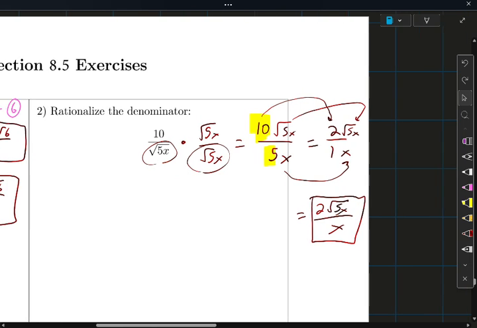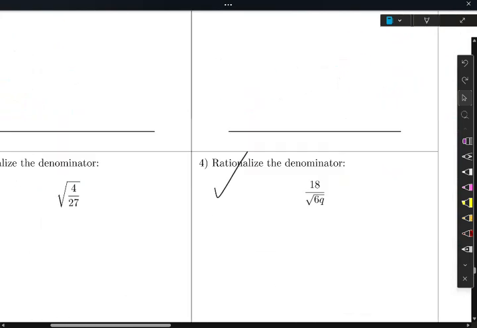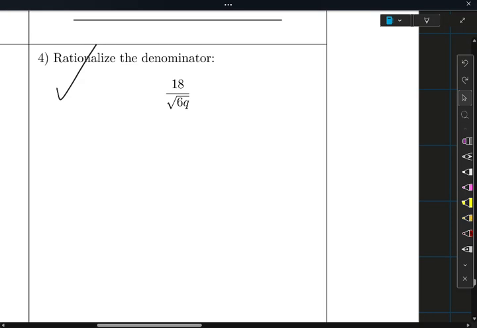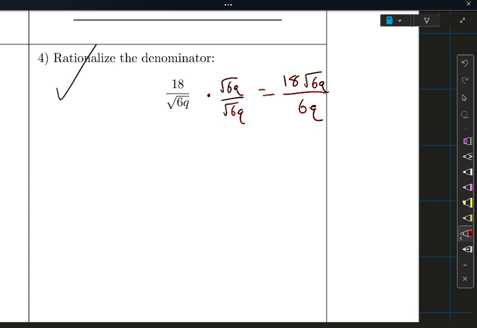Okay, so there we go. We rationalized the denominator. Let's look at this one. Times square root of 6q times square root of 6q. That's going to be 18 root 6q over 6q. Then we have 18 over 6, that's going to be 3 over 1.